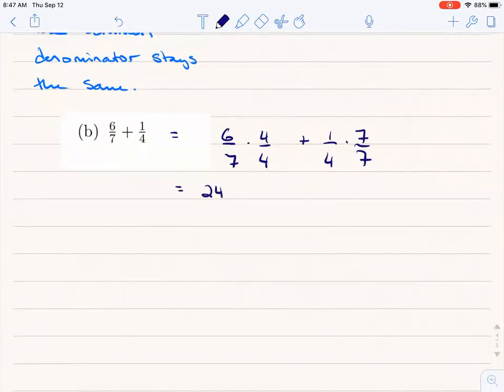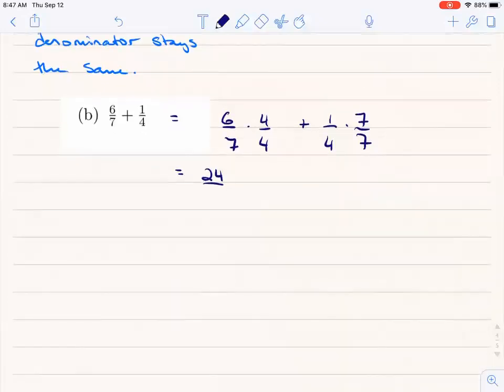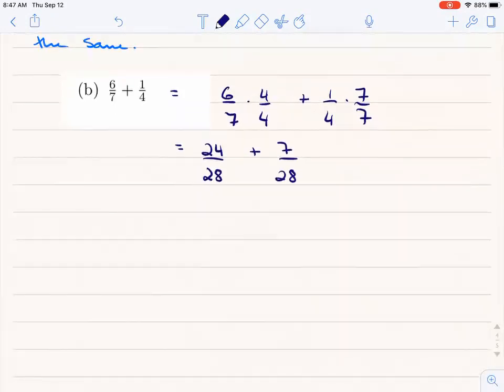Six times 4 is 24 over 28. Plus 1 times 7 is 7 over 28. Combining these, we get 24 plus 7 is 31 over 28.